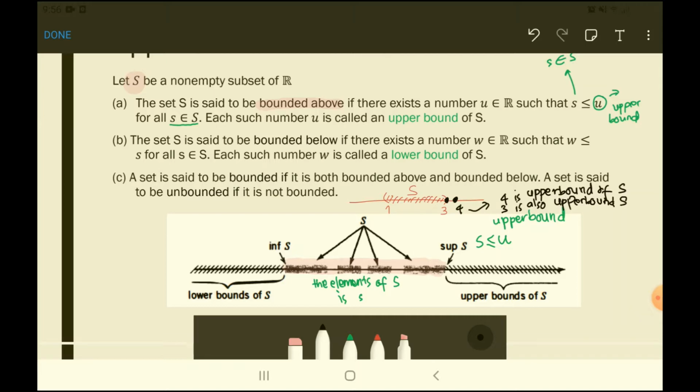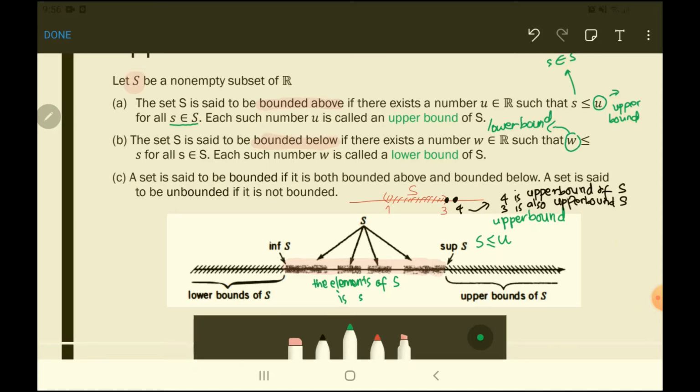So that's the upper bound. What about the lower bound? The set S is said to be bounded below if there exists a real number w such that w is less than or equal to s for all s element of S. In this case, this is the lower bound.